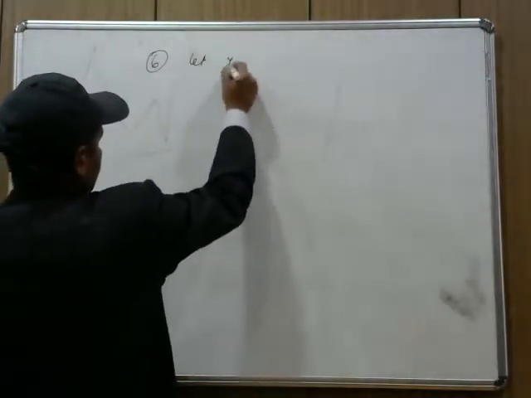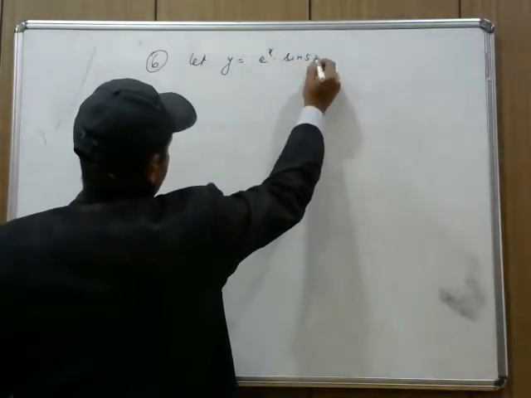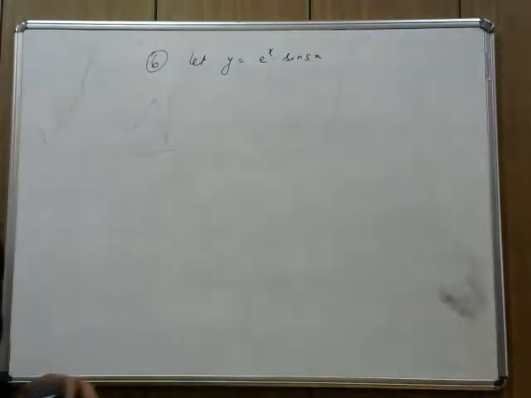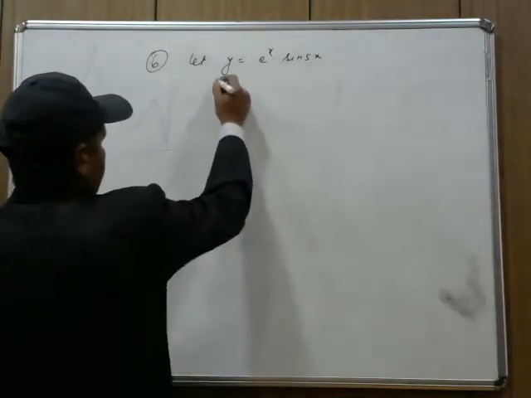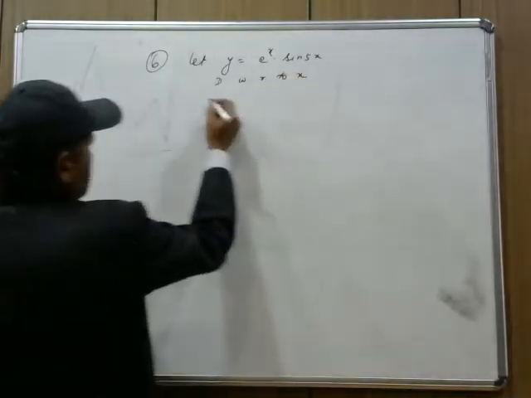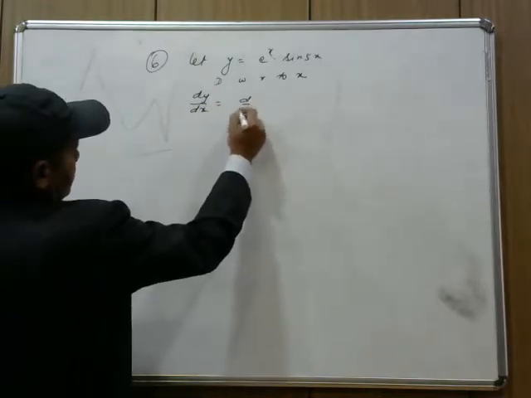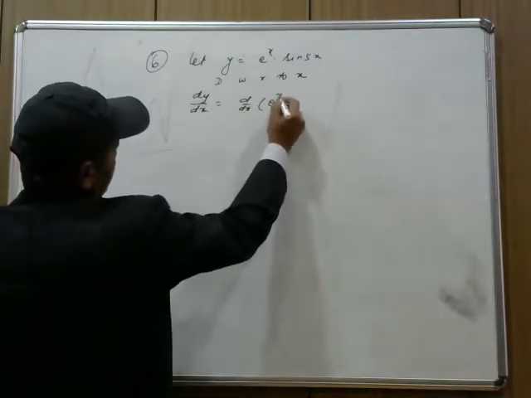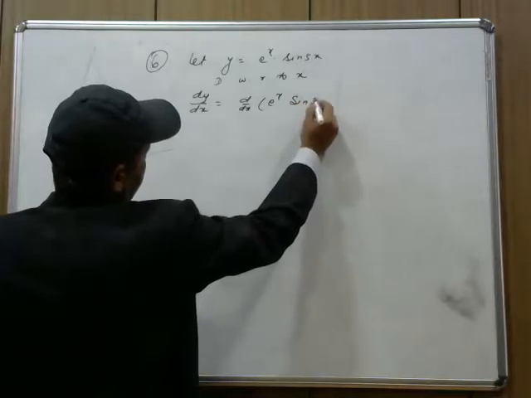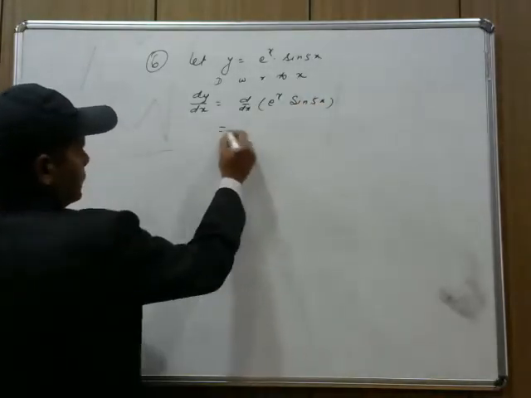Let y is equal to e to the power x into sine 5x. Right? Now differentiating with respect to x, both the sides, we will have dy by dx is equal to d by dx of e to the power x into sine 5x. We'll go for the product rule.